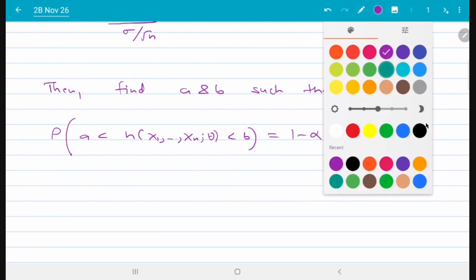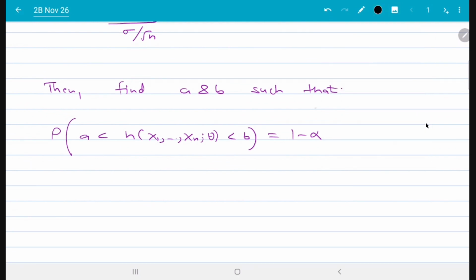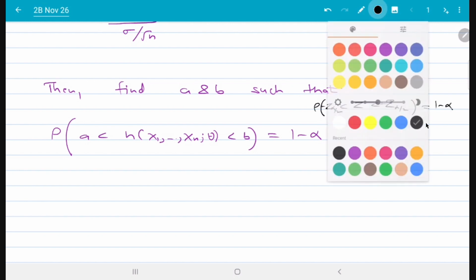The counterpart that we have done is: probability of minus z alpha by 2 less than Z less than z alpha by 2 is equal to 1 minus alpha. This is what we've just done.